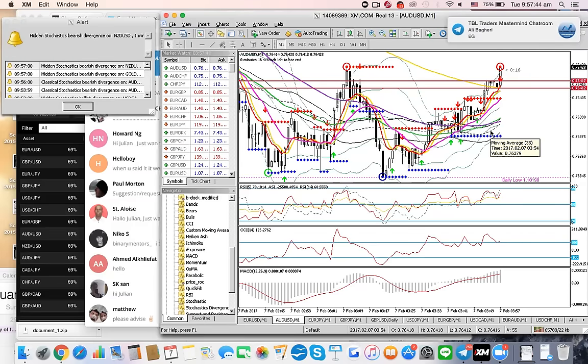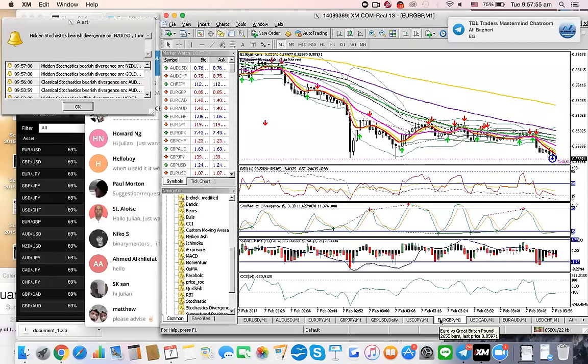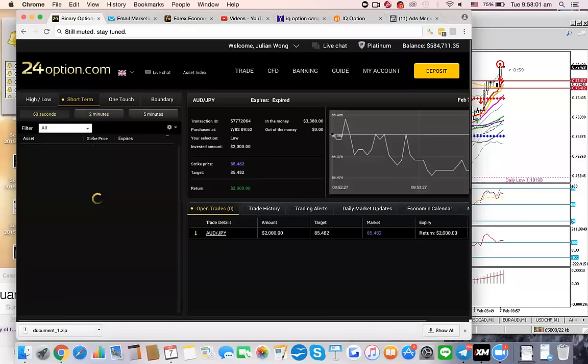Okay, Aussie USD, get ready. See Aussie JPY, same thing. EG daily low, I don't want to touch that if possible. Go for Aussie USD, let's try a 60-second first.